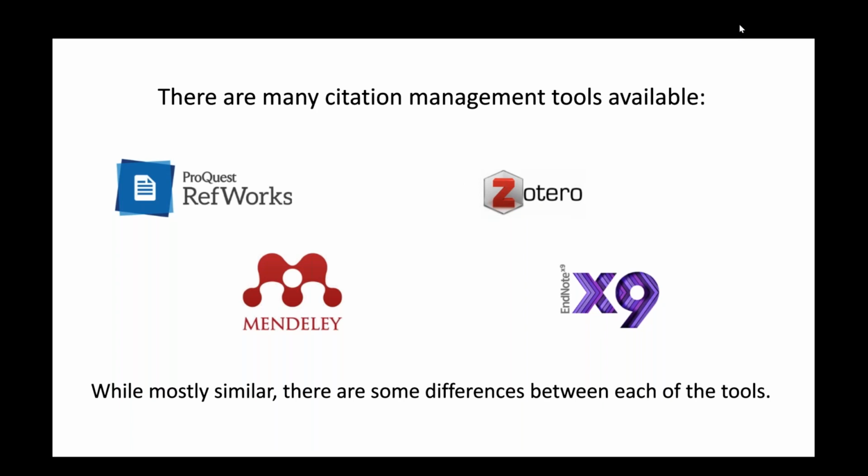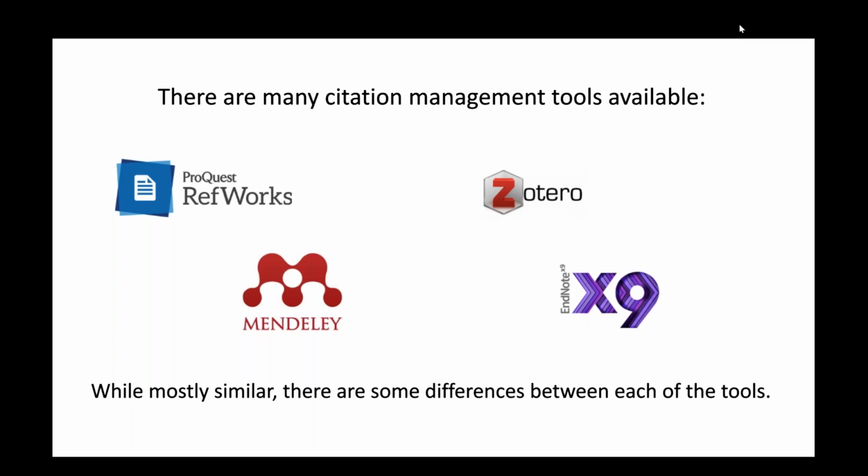Mendeley is another one that you may find. And then finally, EndNote. Those are, I think, the major citation management tools out there. EndNote has two different versions: a free version and a subscription version.